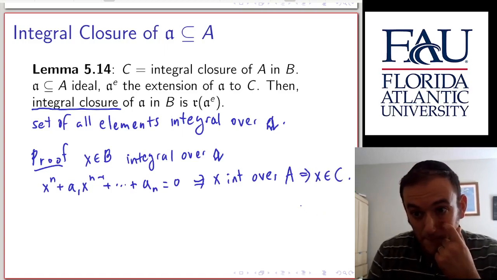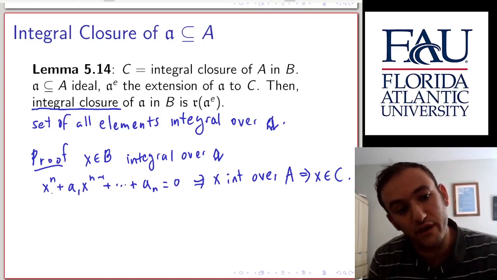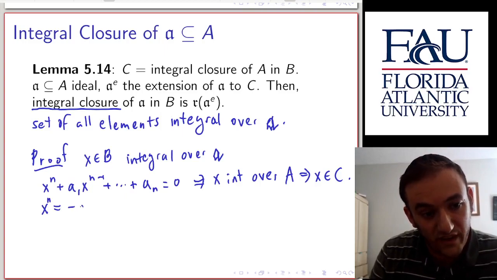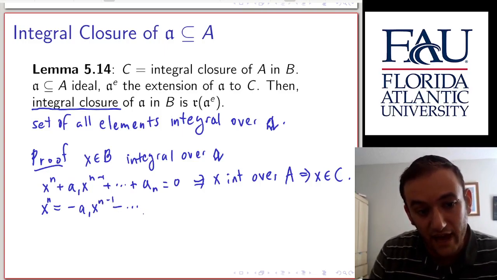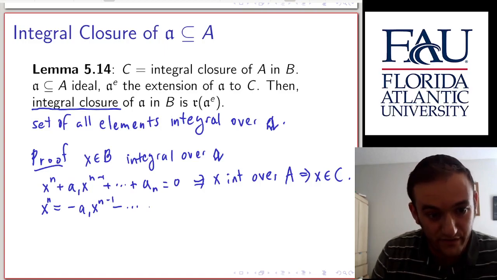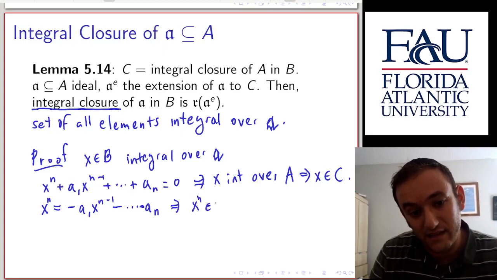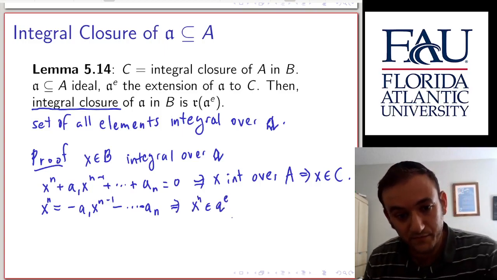The next thing to notice is that if we keep x to the n on one side and move everything else over, what we find is that we have this polynomial expression for x to the n in terms of the ai's and lower powers of x. And this tells us that x to the n is in the extension of A to the ring C, right?